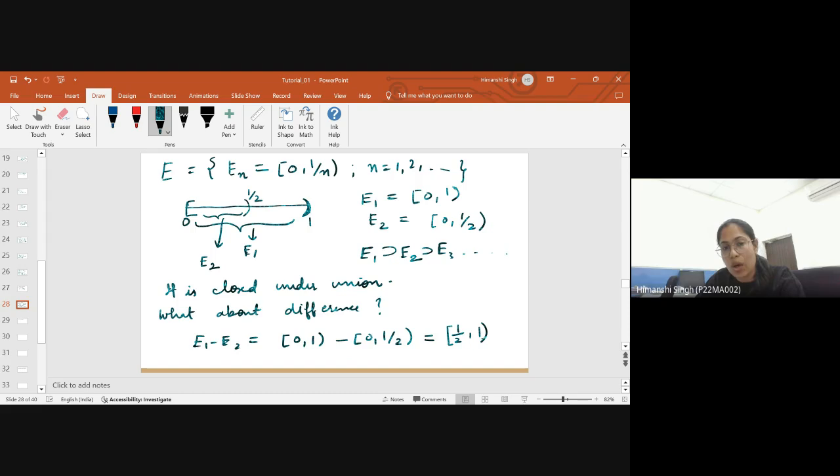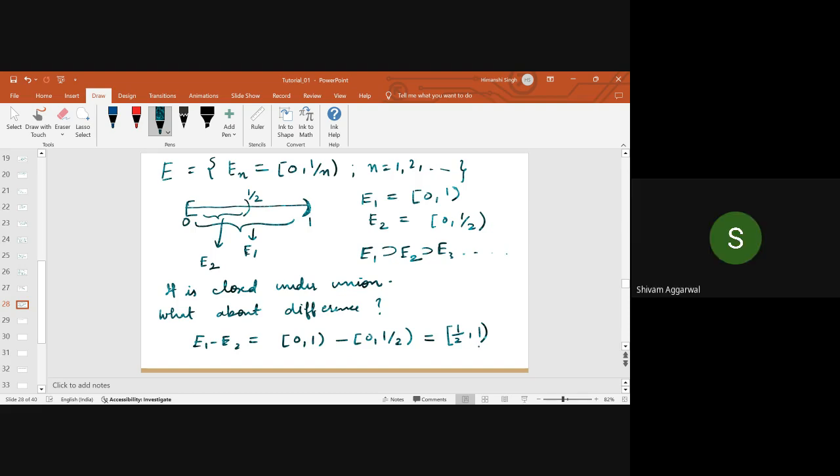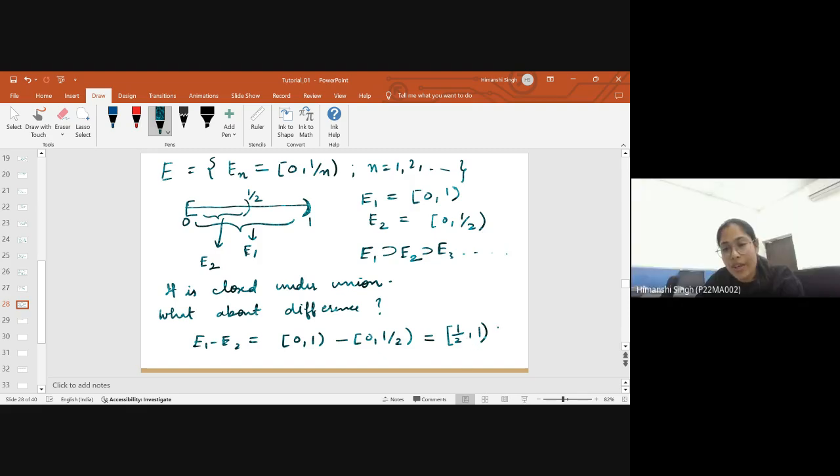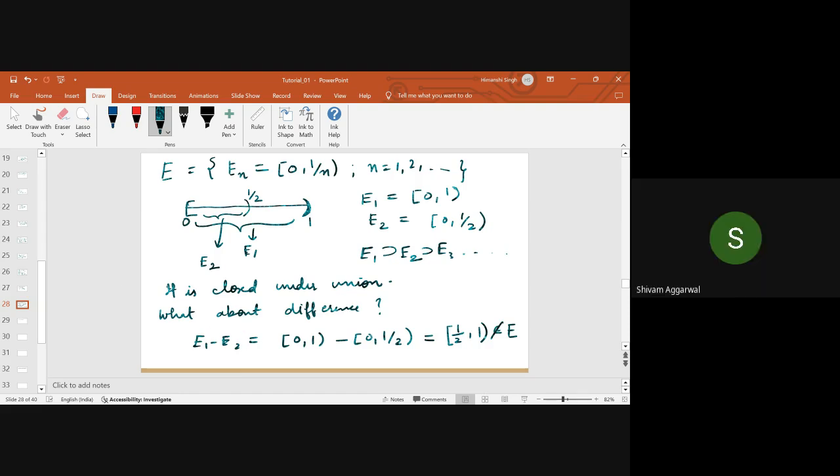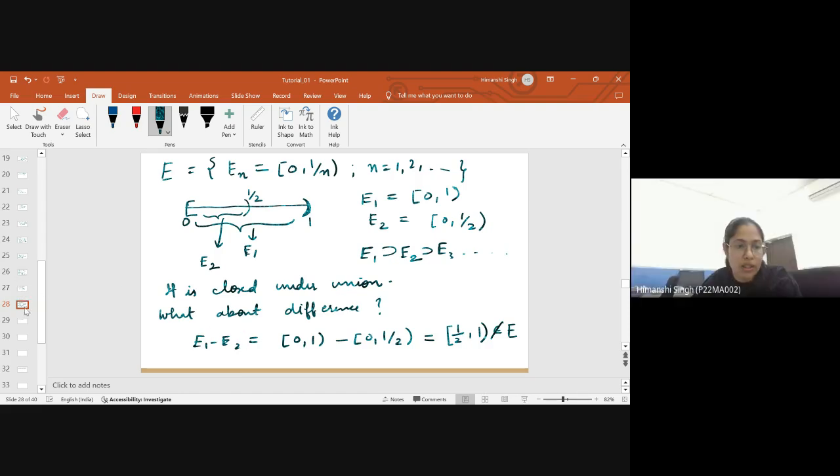Now, does this belong to E? No, it does not belong to E. So it is not closed under the difference.